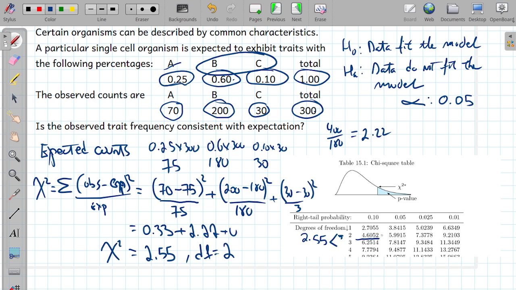So that means our p-value is greater than 10%. Easy enough. So this is a fail to reject. We can say, since alpha is less than the p-value, we fail to reject. So the data is consistent with the model.